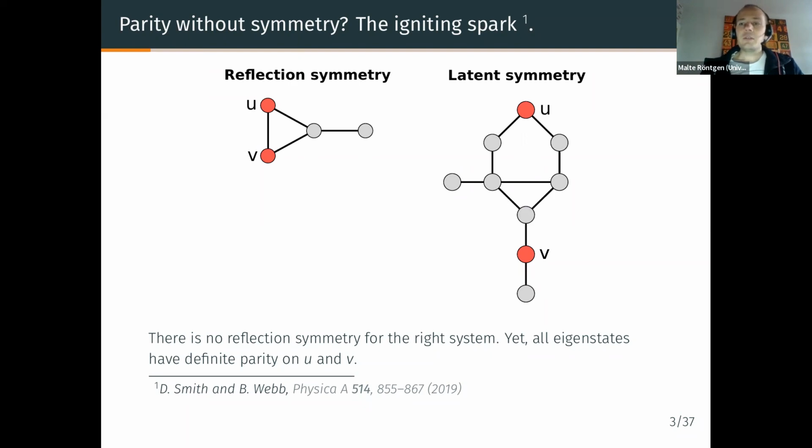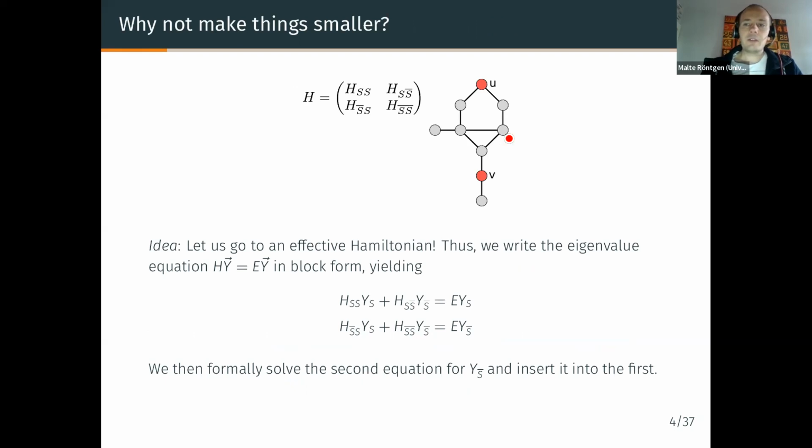In order to understand where it comes from, let us first go from this full Hamiltonian picture to an effective Hamiltonian. By effective Hamiltonian, I mean the one obtained by subsystem partitioning. In order to do this, we first need to partition our system into subsystems. In this case, we choose 2 subsystems.